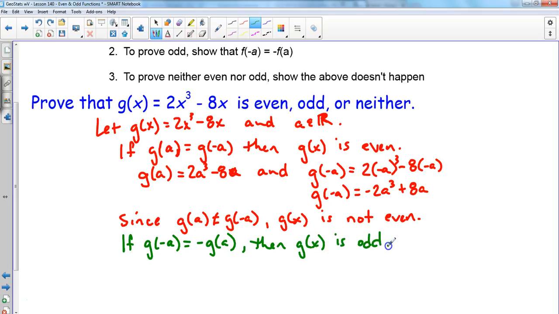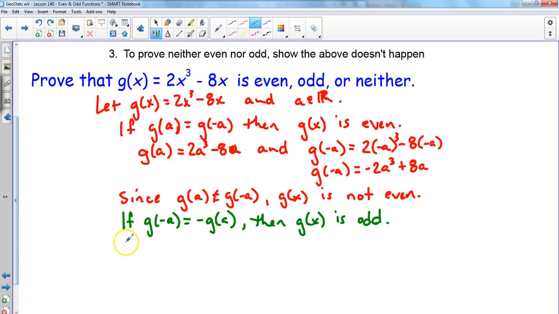Nice thing about this is we've already done half the work for this thing. We already found the first part, g of negative a, it's up here, so we can just pull that down. So from above, we know that g of negative a is equal to negative 2a cubed plus 8a.